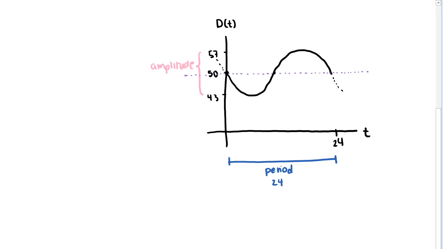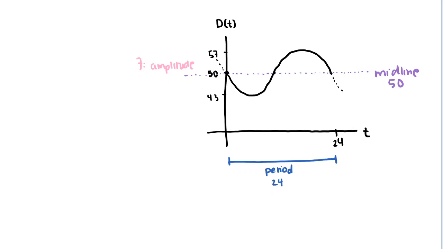Maybe I shouldn't have bracketed this whole 14-degree interval. It should be 7. We've got a midline corresponding to 50, we've got a period of 24, and it looks like we're dealing with a sine function here.